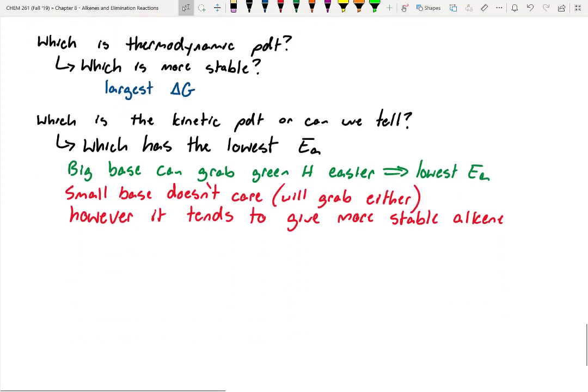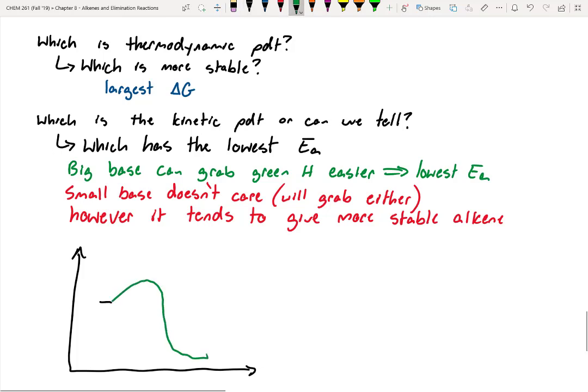So it's a little bit weird to think about. So let's briefly review thermodynamic versus kinetic product. Let's consider this situation. We said that this hill we have to climb is our activation energy. Sorry, let me change this a little bit. I want to make sure I have enough room. And up here, we could have another situation that looks like this.